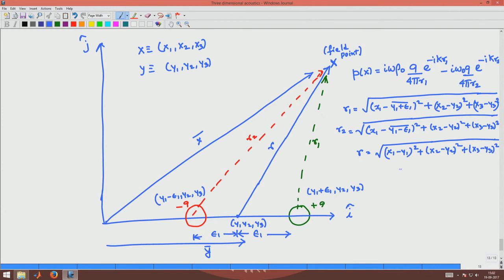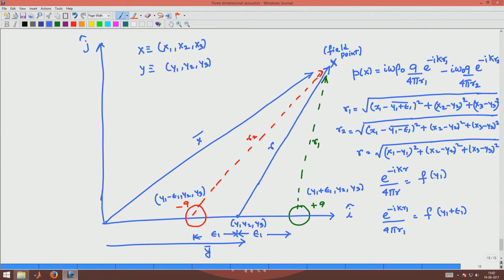Please note that I could as well write e to the power minus i k r by 4 pi r as a function of y 1. There is nothing wrong if I do that. I could also write e to the power minus i k r 1 by 4 pi r 1 as a function of y 1 plus epsilon 1, because it is the same function.